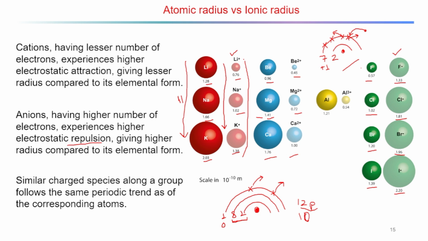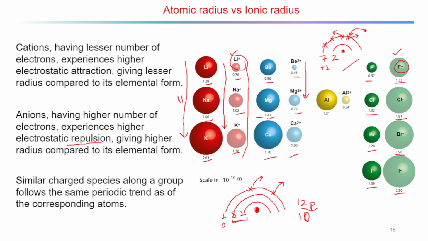So even if you take or give electrons and convert into ions of the same nature, if it is 1 plus, you have to compare it with 1 plus charge. If it is 2 plus, you have to compare it with 2 plus charge. If you do so, you will have the same periodic trend as the atomic radius trend. But you cannot compare lithium plus to fluorine minus, fluoride.